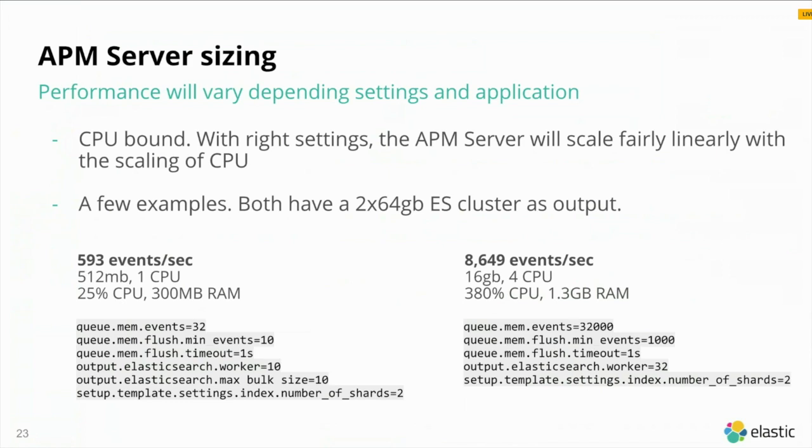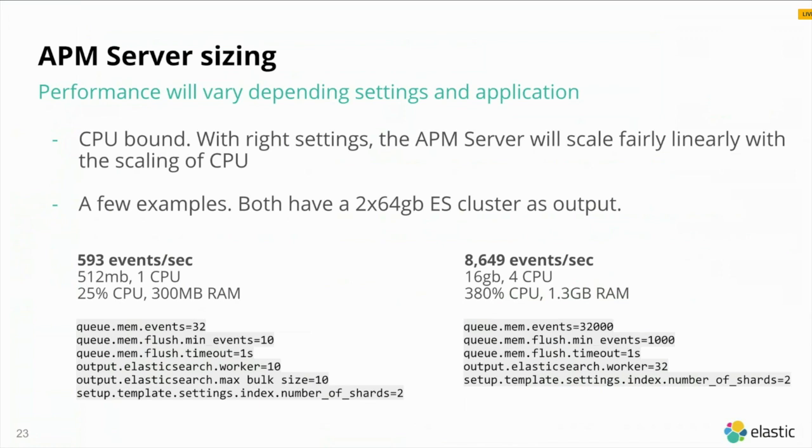And remember, this presentation is available for you after the fact, so you will be able to go back and look at these after. But as an example, and I should note that all applications are different. Some applications create a lot of events, and some create a few. So you really need to test it on your own.